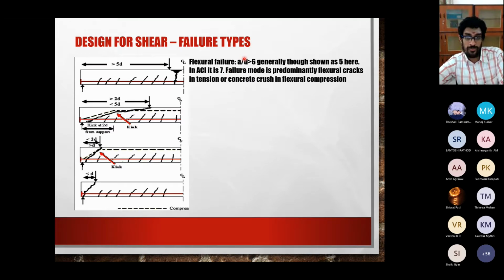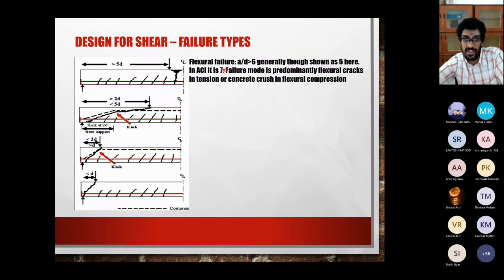If my a by d is quite large, if I have quite a large shear span, then according to our code book, the limit is 6, I suppose. Okay, according to our code book, the limit is 6. When a by d is greater than 6, then we say the failure mode is going to be predominantly flexure, and the failure will be either the concrete will crush in flexural compression, or if it's properly under-reinforced, it will have failure in tension.